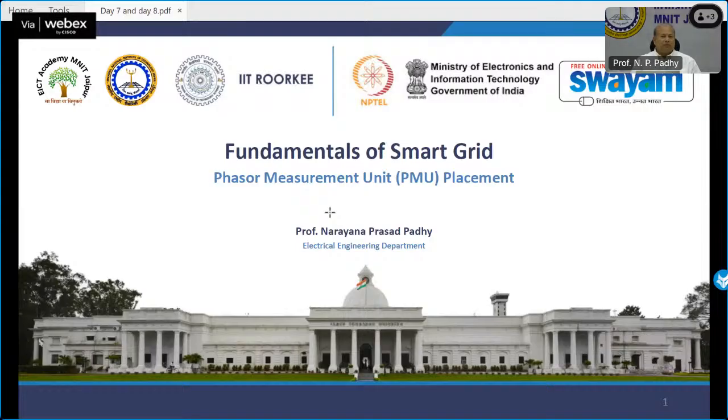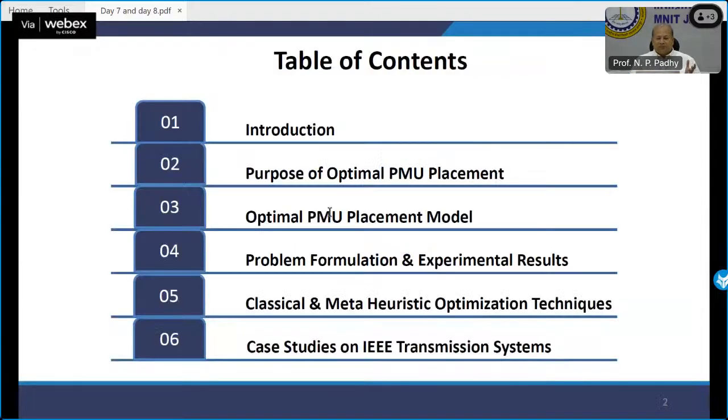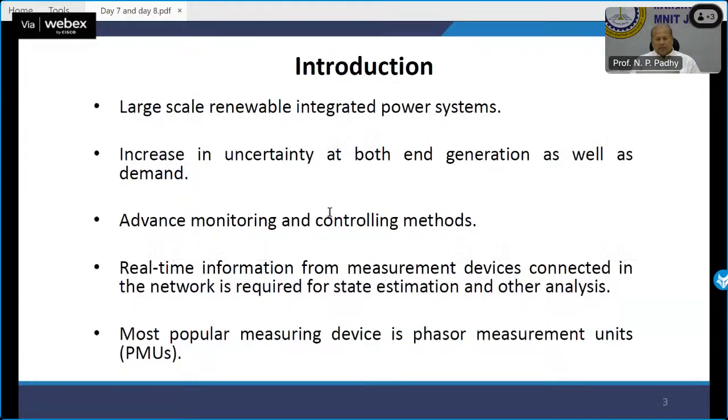So we need to do a bit of optimization, dear students. Suddenly we'll come from control theory to a few equations. What we'll be talking about here is the introduction, purpose of optimal PMU placement, optimal PMU placement models, problem formulation and experimental results, classical and meta-heuristic optimization techniques, and then you will see their application to different IEEE systems.